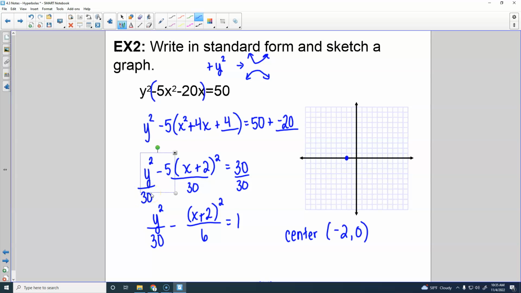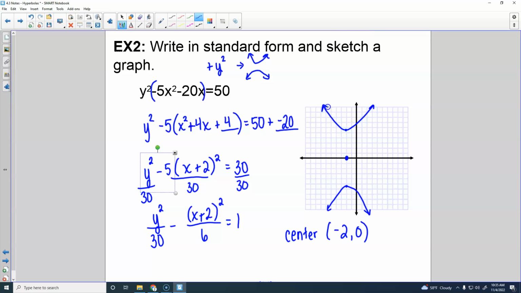I know 36 is 6. Like 5.3 or something. So we're going to go up 1, 2, 3, 4, 5, and a little more. And then we're going to go down 1, 2, 3, 4, 5, and a little more right here. And then we're going to draw in something that is kind of hyperbola looking.